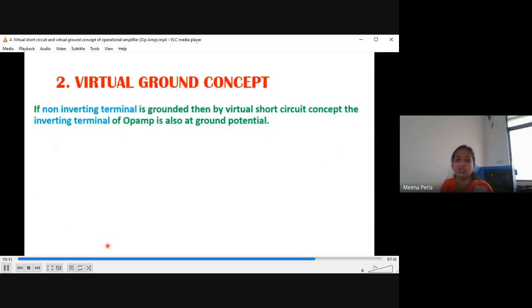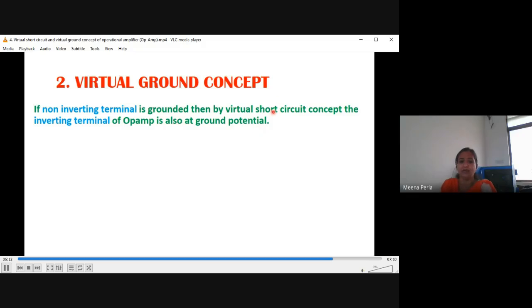Next one is the virtual ground concept. It uses the virtual short circuit concept only. If the non-inverting terminal is grounded, then by the virtual short circuit concept, the inverting terminal of the op-amp is also at ground potential. What is virtual short circuit?